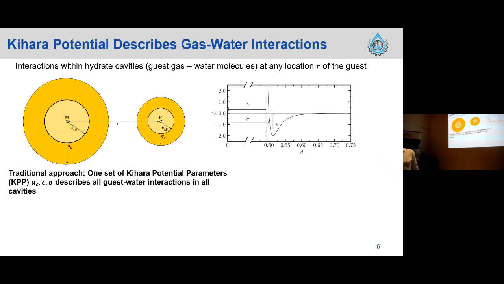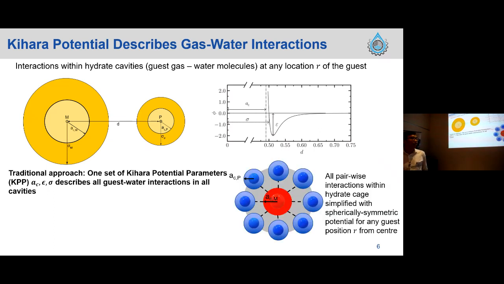And so if we consider that this is only for one gas-water pair, hydrate cavities can have 20 to 30 water molecules and one gas molecule, and it becomes mathematically complex to try and sum all of these interactions together. So a simplification that's made in doing this is we assume that the cage is a sphere, and that all the water molecules lie on the outside of the sphere.